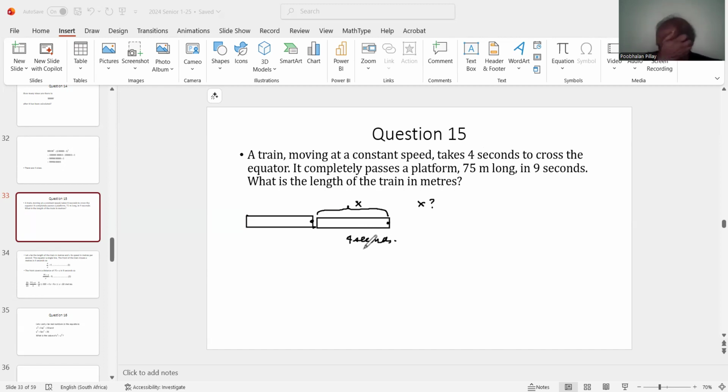All right. So that means the speed of the train is distance over time. We'll say x meters, because everything is in meters.